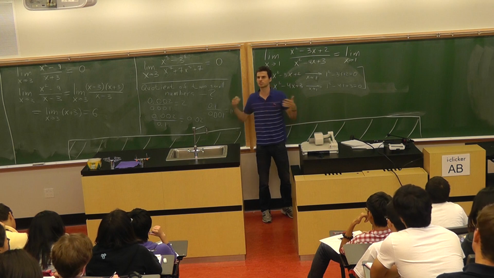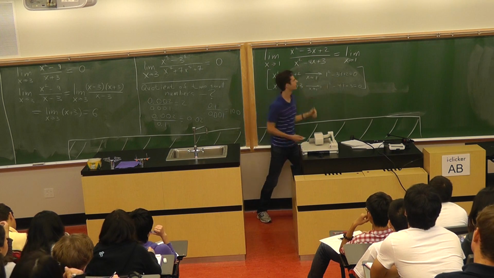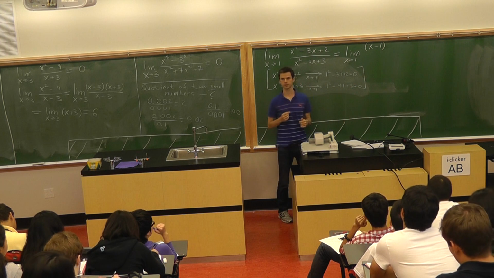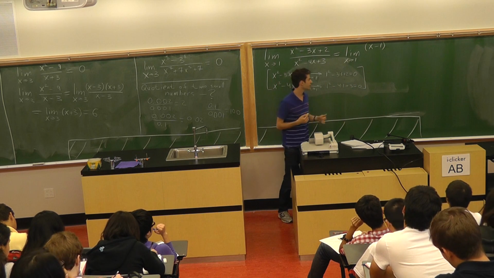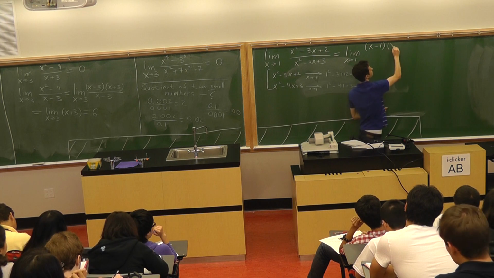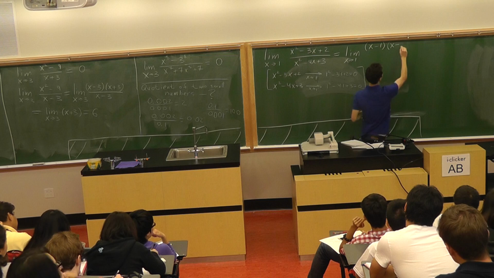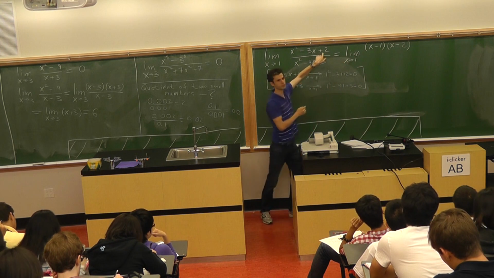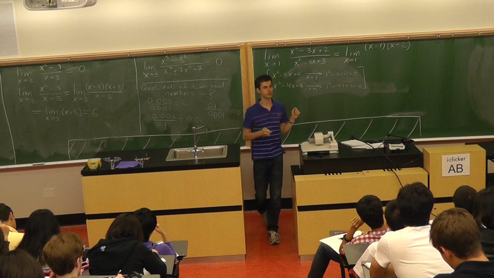So I don't have to guess the roots. One of them is x minus 1. Well, the other one has to be something. So x minus, yes, 2. So for instance, you see that the product must be equal to plus 2.